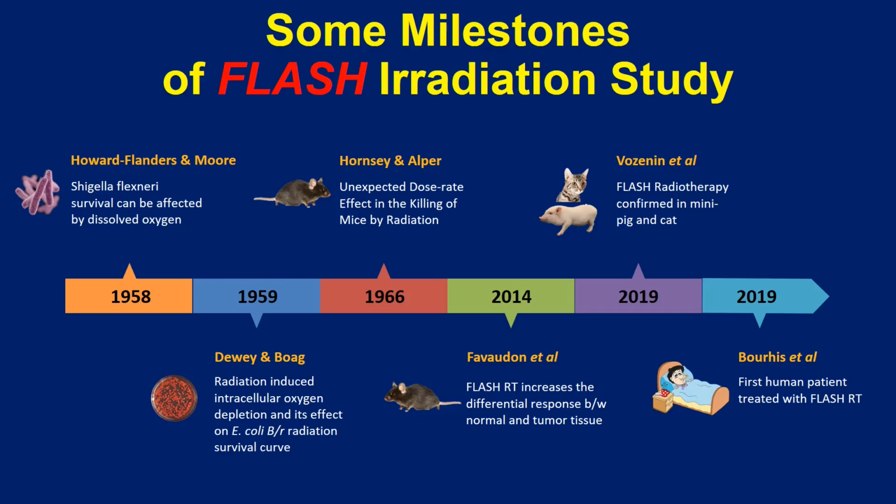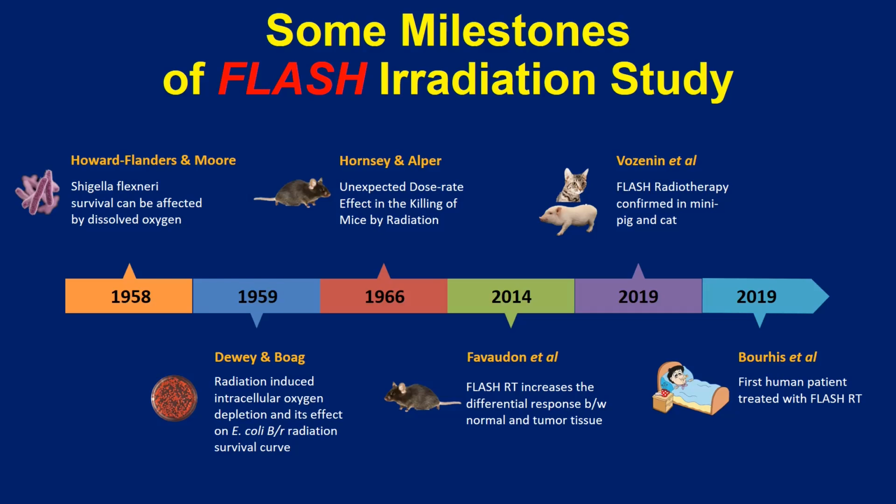A sudden drop in radiation effectiveness in bacterial cells and mouse experiments with flash irradiation were observed shortly after this study. Dewey and Boag might be the first group to suggest that radiation-induced oxygen depletion might be the root cause of such phenomena in 1959.